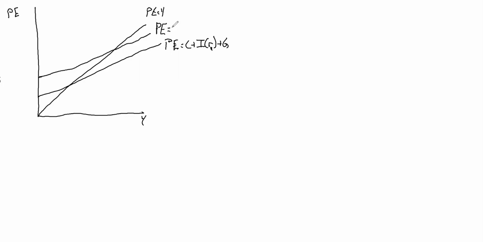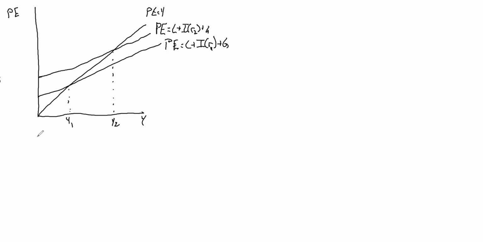We're now going to have PE is equal to C plus I(R2) plus G. And so at R1, we were at this point right here, Y1, right? And when interest rates fell, it increased total spending and it shifted us out to Y2, okay?